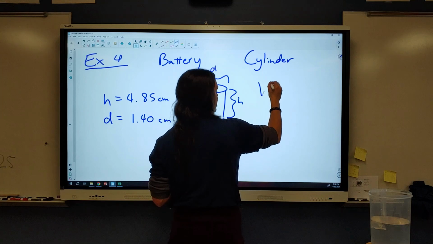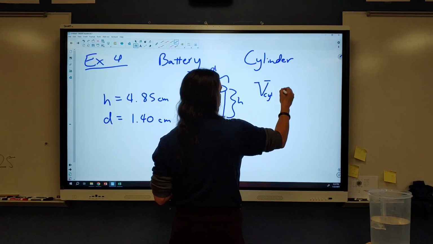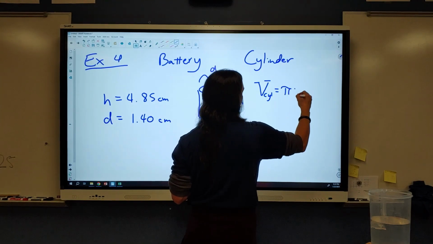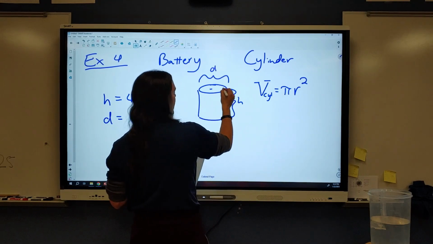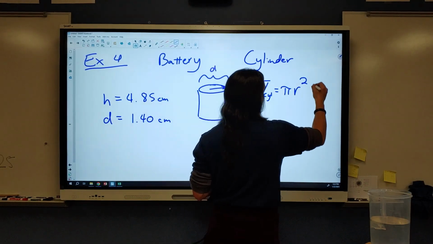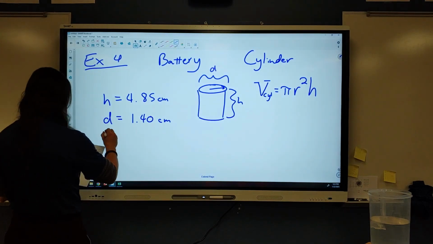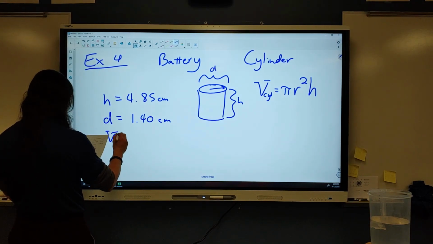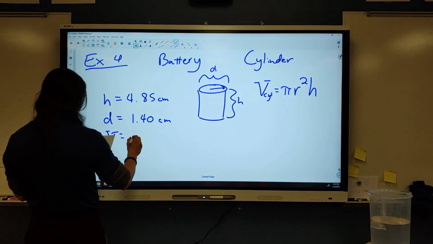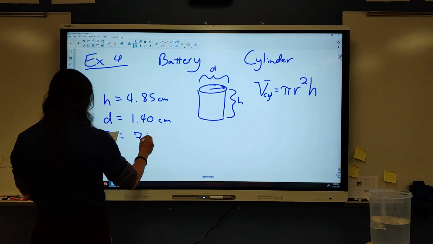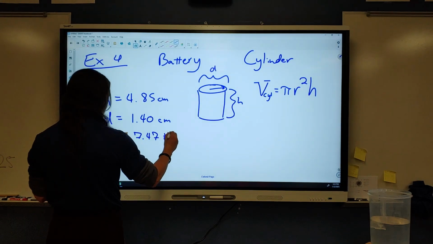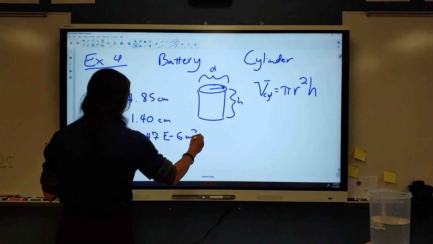The volume of a cylinder is equal to pi r squared, where r is the radius, half of the diameter, times h, the height of this thing. When I put all of that in for my battery, I ended up with the following: 7.47 times 10 to the negative 6th cubic meters.